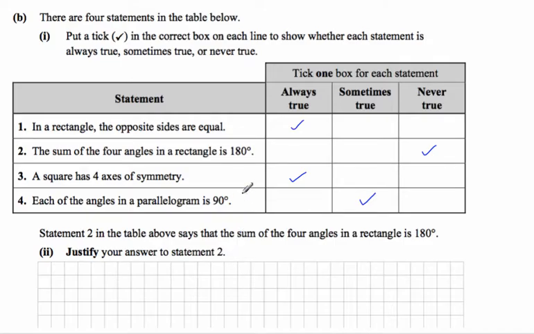Well, my answer was that it's never true, and the reason is that the 4 angles in a rectangle add to 360. Each angle is 90 degrees, so 4 90s add to 360 degrees. Well, that's my justification. And that's the end of the question.